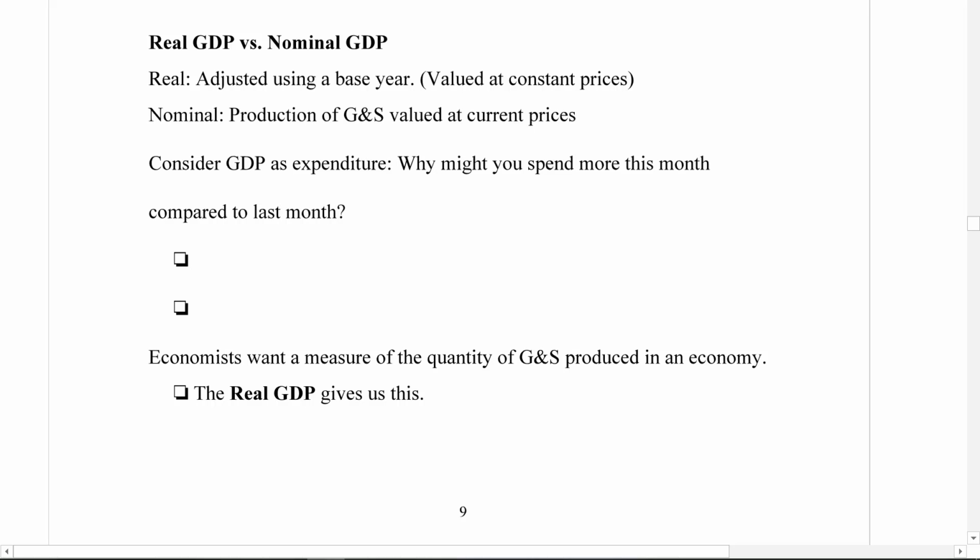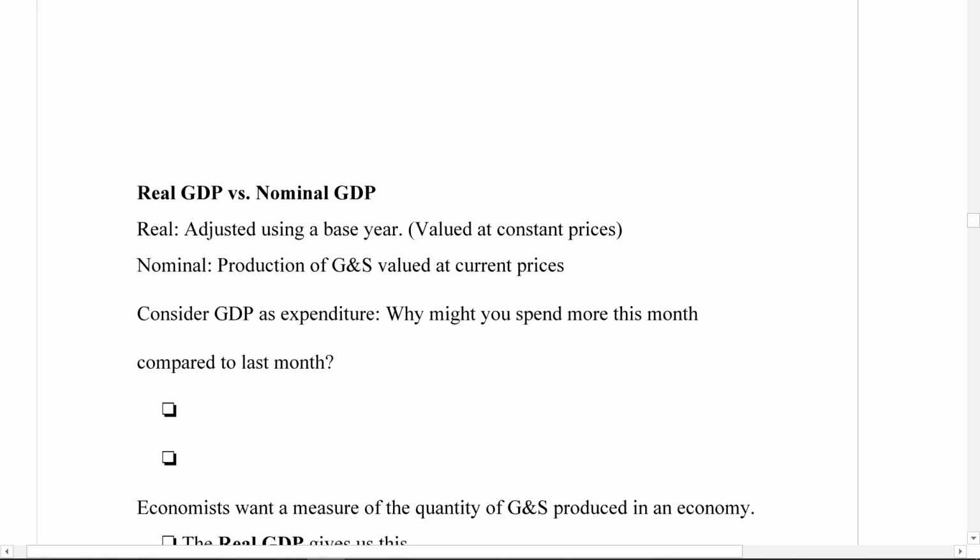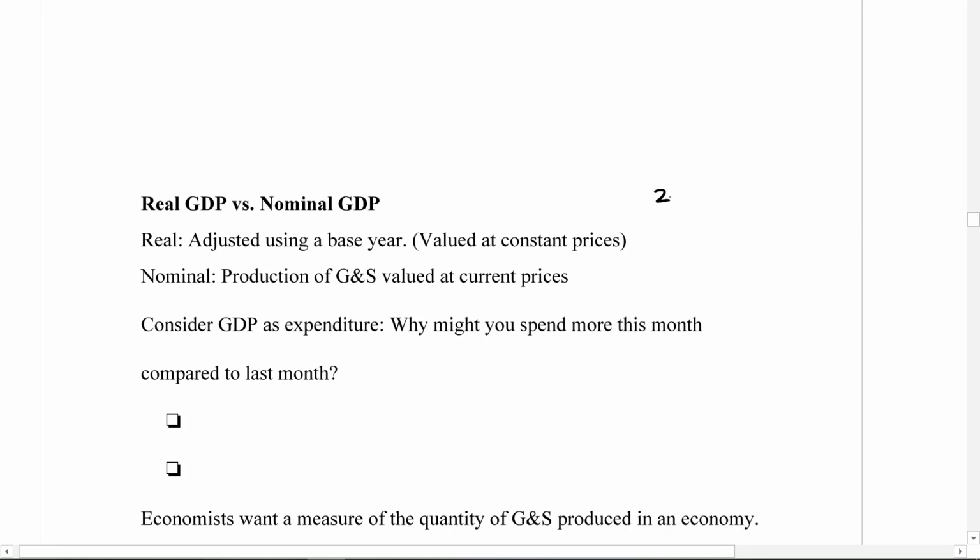So for now, real GDP, we're going to be adjusting the GDP number by a base year. So in a way, if we're looking at constant prices, we could look at the year 2000 GDP, we could look at 2010, 2020, 2030.